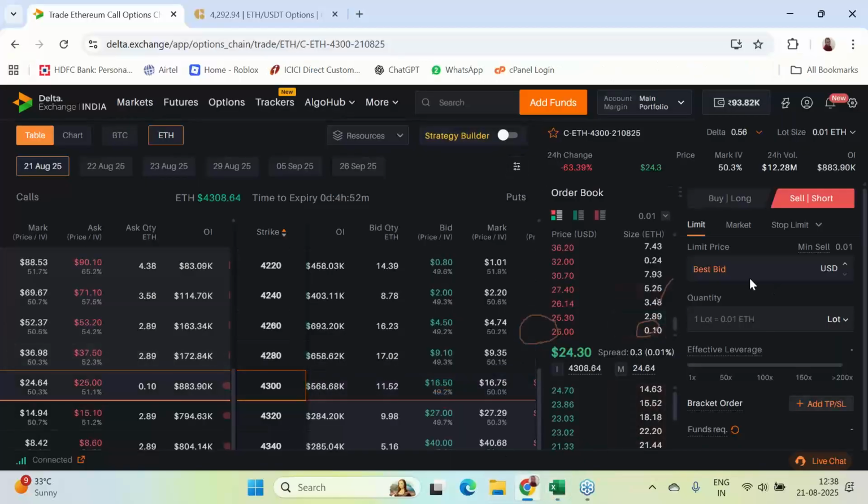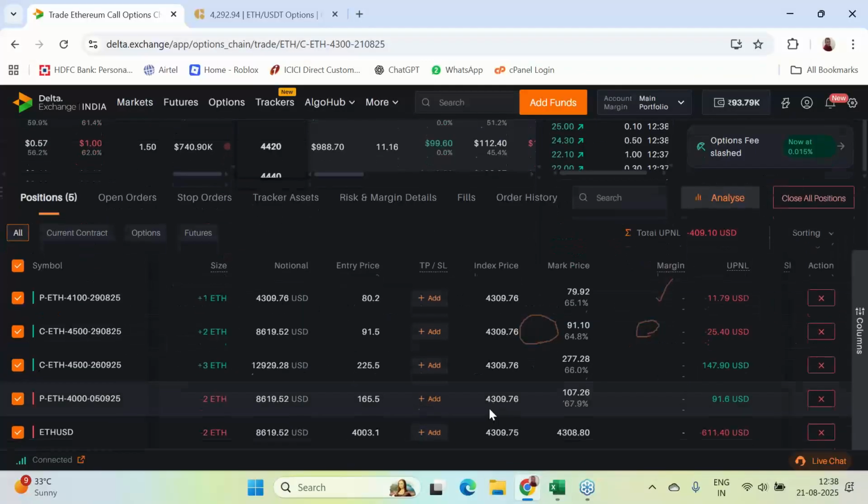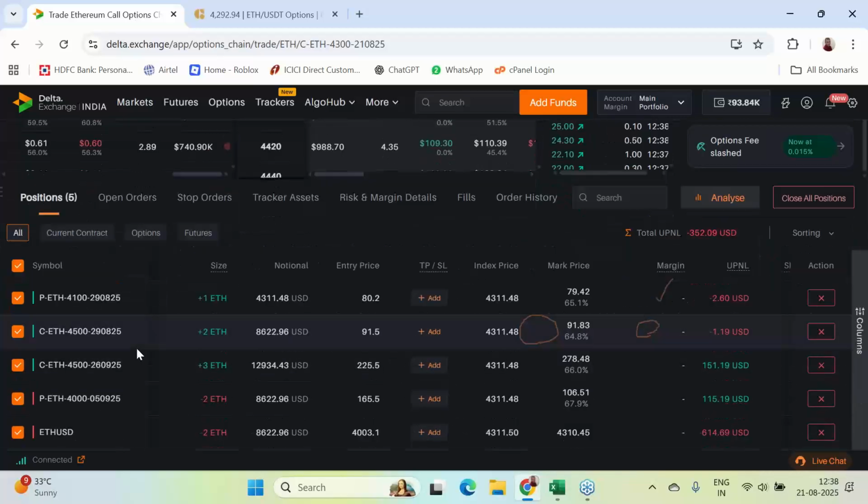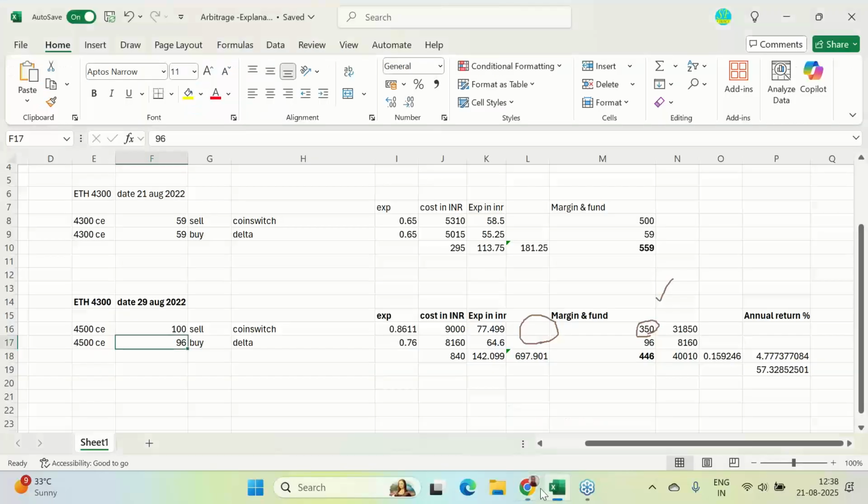But if you see the real trade that I have taken, the open positions here, the 4,500 at the rate of 91.50. I also added a put here. So I bought at 91.5, so my buying price on Delta was 91.5.